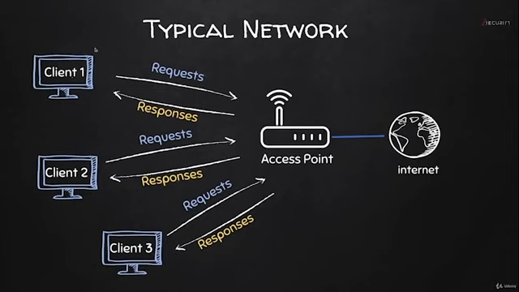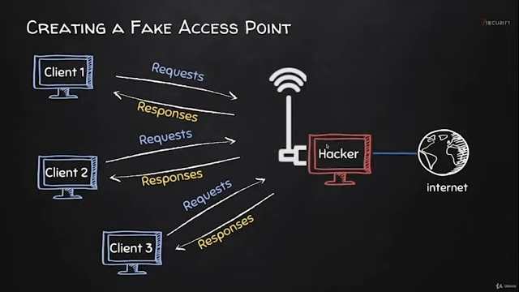Now, what if we replace this access point with our hacker computer? So what if we can use our machine to create a Wi-Fi network that actually has internet access, so people will actually try to come in and connect to our network to access the internet, and then when they connect to our network, by default, we will be the man in the middle because we are the router.